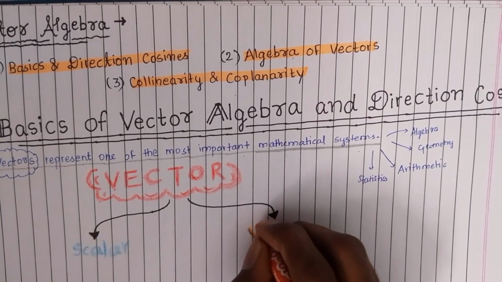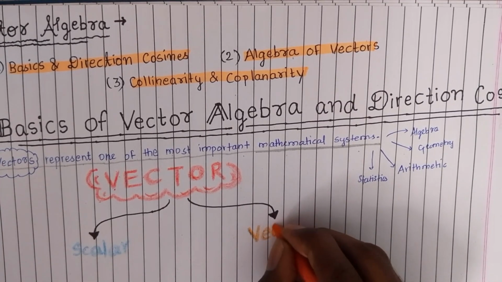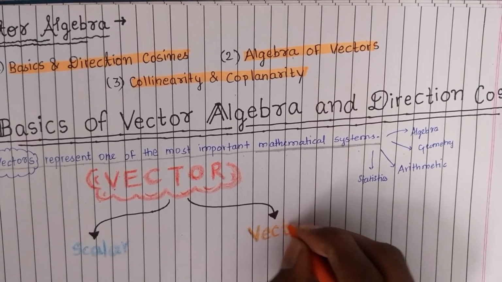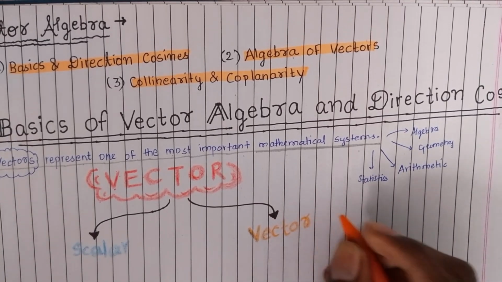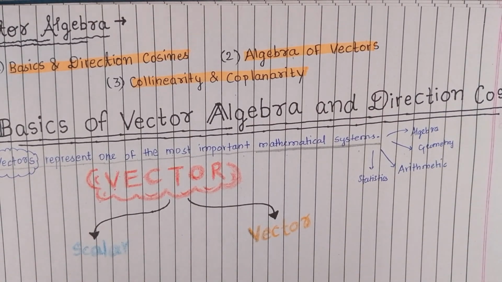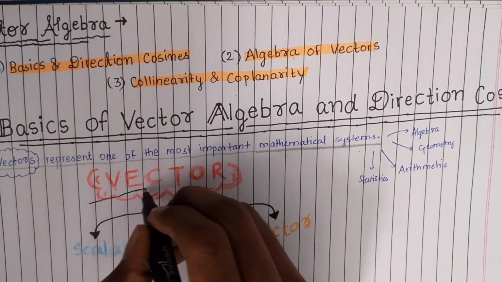Well, I shouldn't say that vector is classified into two quantities. I should have written that quantities are classified into two categories, scalar and vector. My fault, guys, this is wrong here.